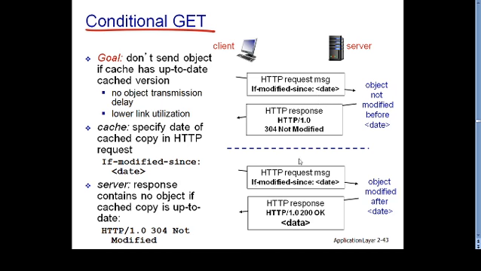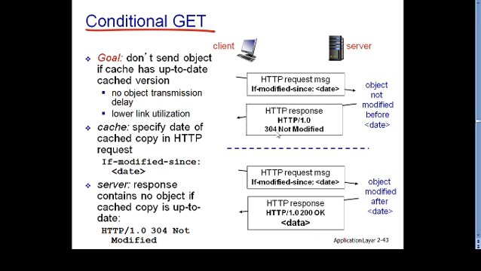And in the second example, you can see the HTTP request message if-modified-since along with the date, and the object was modified after that date, then the HTTP response is 200, which is for a successful request which reached the original server, and it is sending data as well.